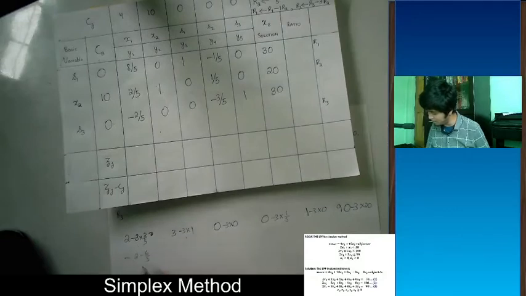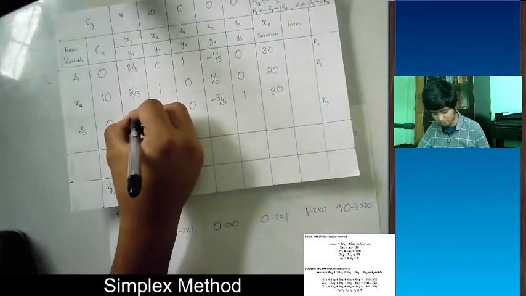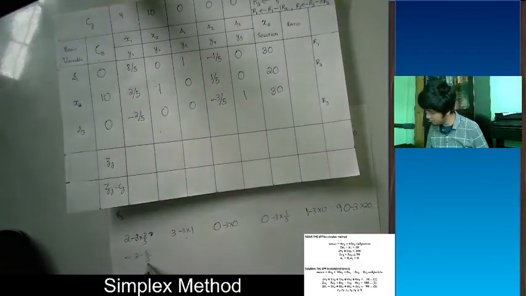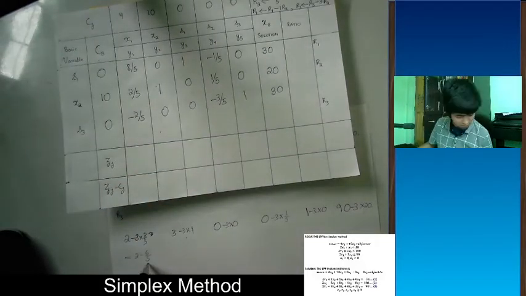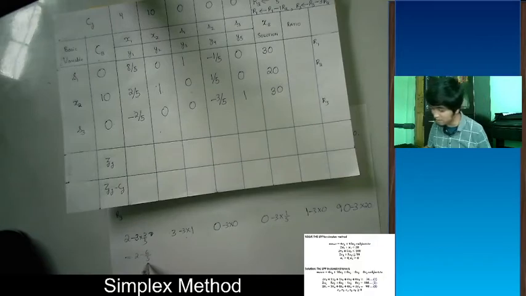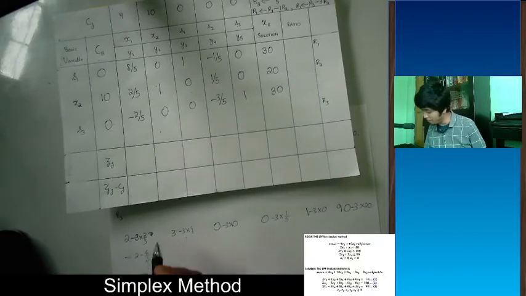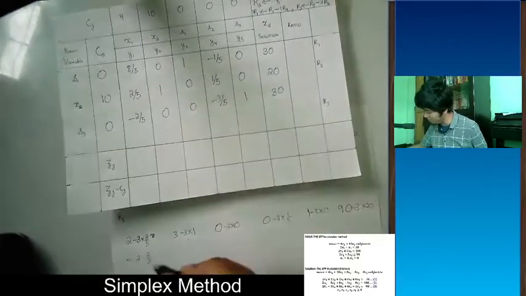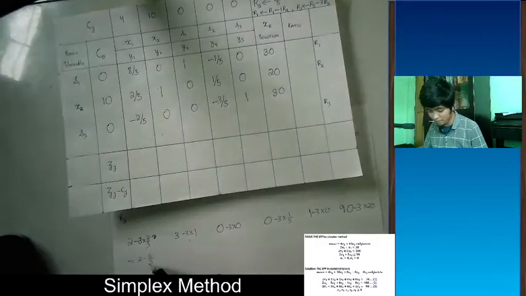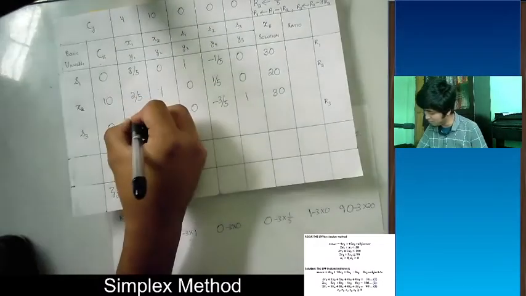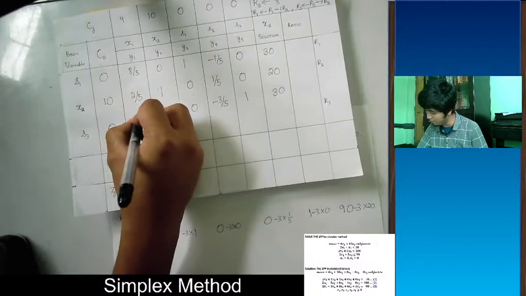Sorry, 5 2s are 10. 10 minus 6 will give you 4. Okay, after doing all this, I'm still making some mistakes. 5 2s are 10, 10 minus 6 will give you 4, plus 4 by 5.